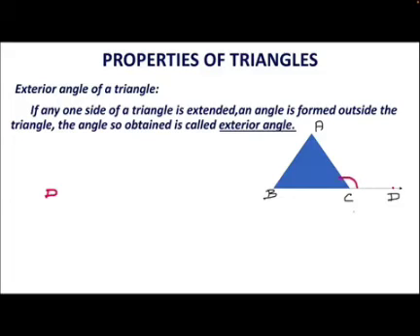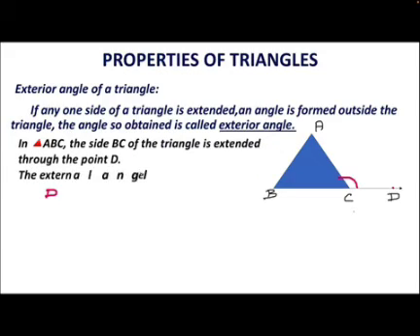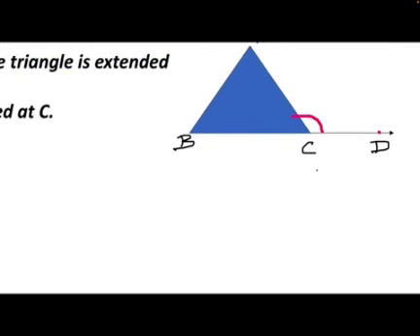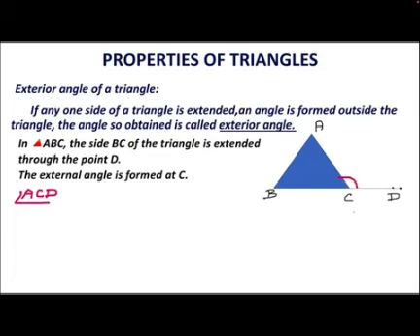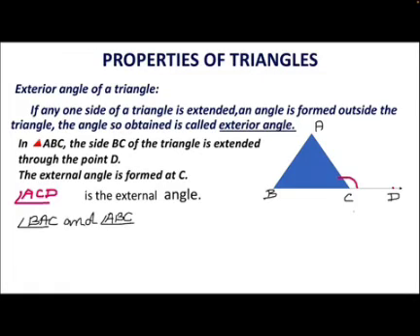So angle ACD is exterior angle. In triangle ABC, the side BC of the triangle is extended. So through D, the external angle is formed at C. So angle ACD is the external angle. Angle BAC and angle ABC.